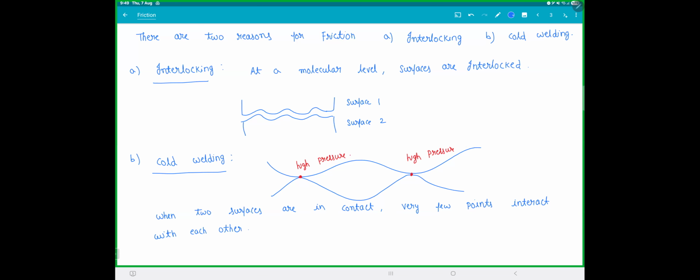This comes to approximately 1 in 10,000. For every 10,000 molecules on the surface, only one molecule is actually interacting with the molecule on the other side. But because of this, you get pretty high pressure at these points. It's like you standing on your toes. If you stand on your toes, you're putting your entire weight on just the toes.